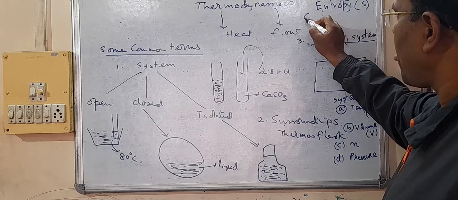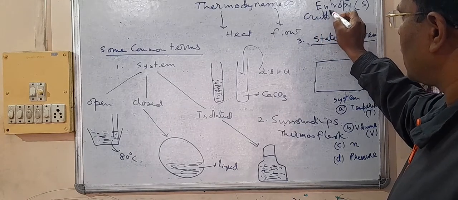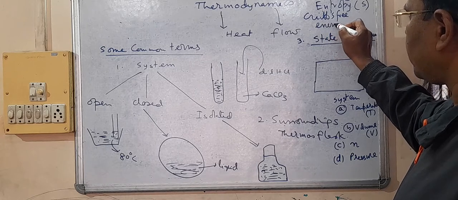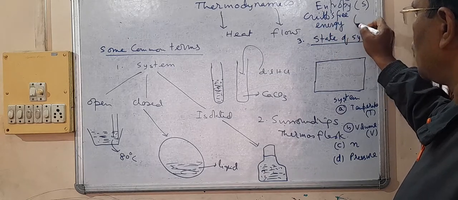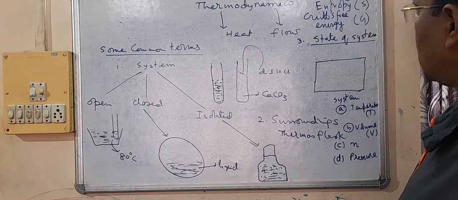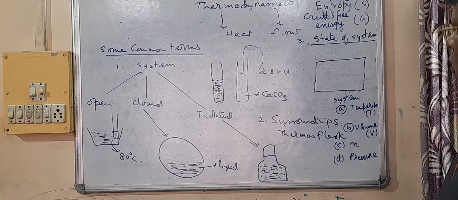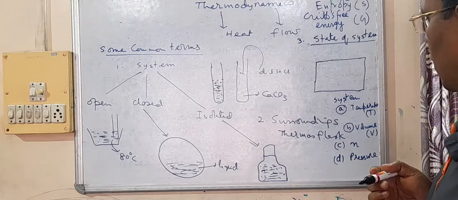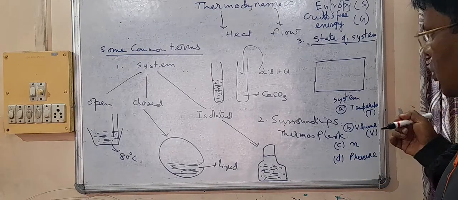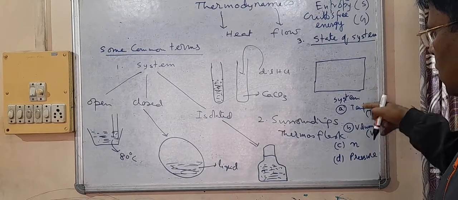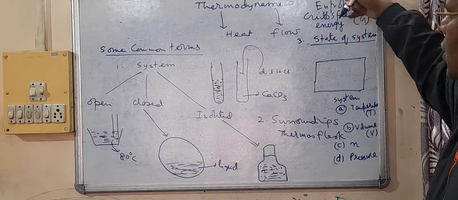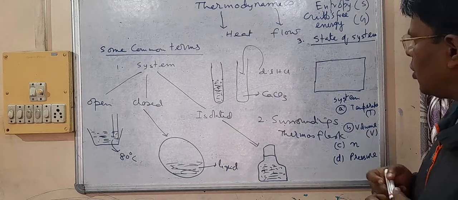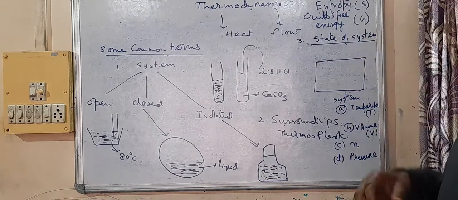Then say Gibbs free energy, whose symbol is G. That we have to know. So when values assigned to these parameters are known to us, then we can say that we know the state of the system.